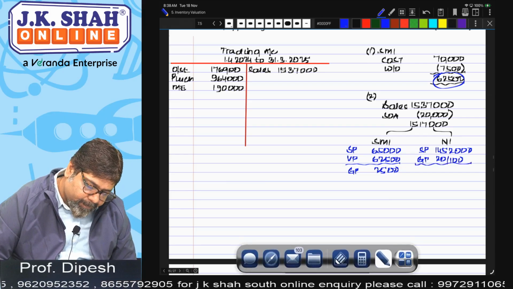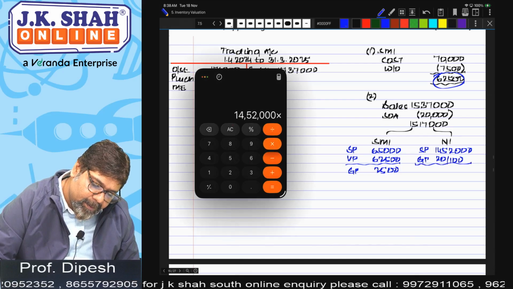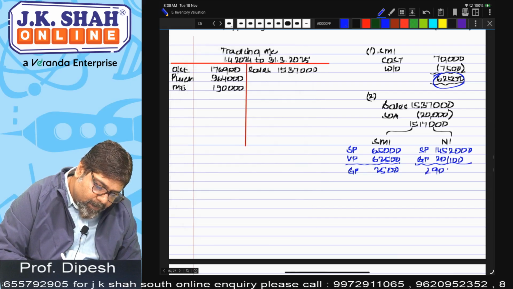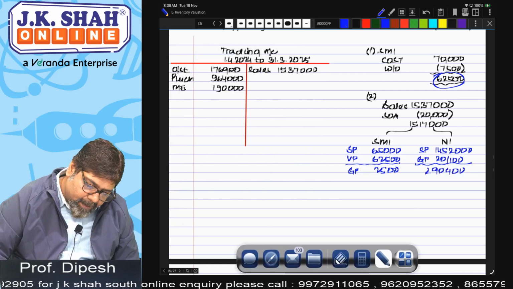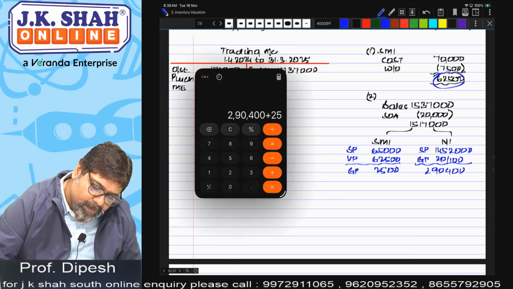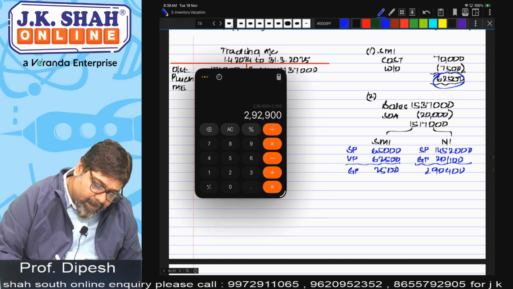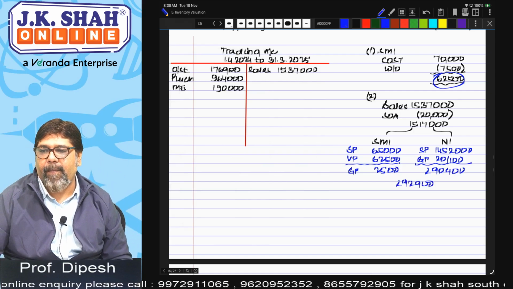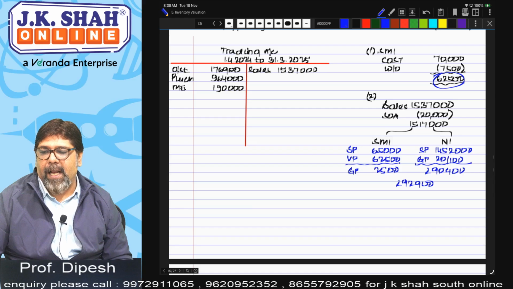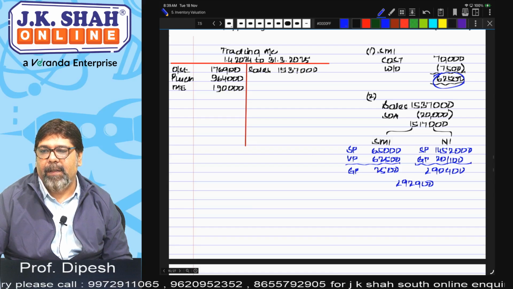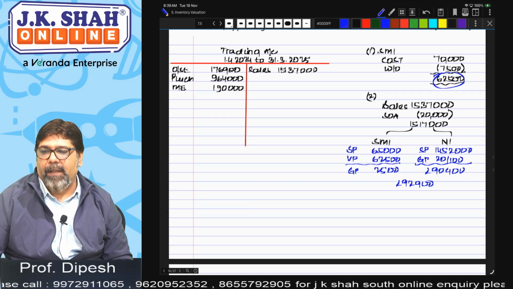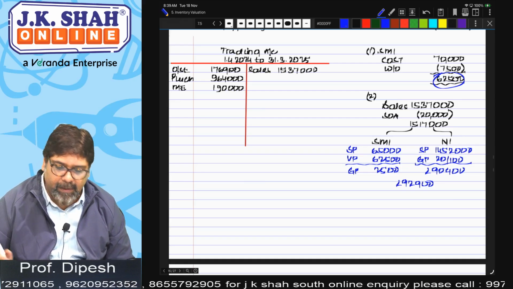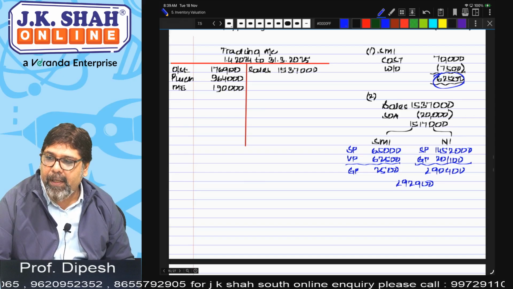So in 2,90,400. And chartered total GP is equal to plus 2,92,900. Correct? Now, put in 50.